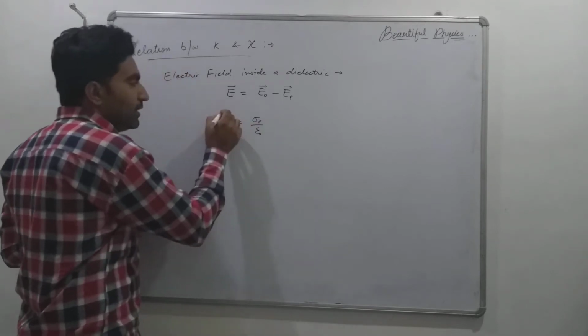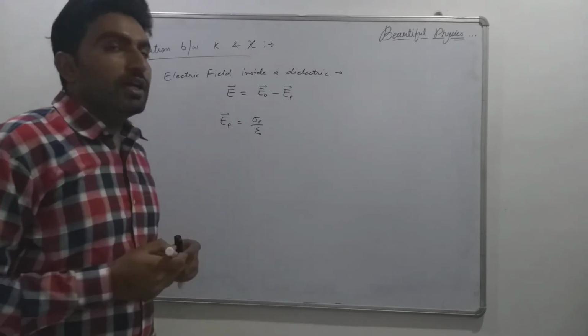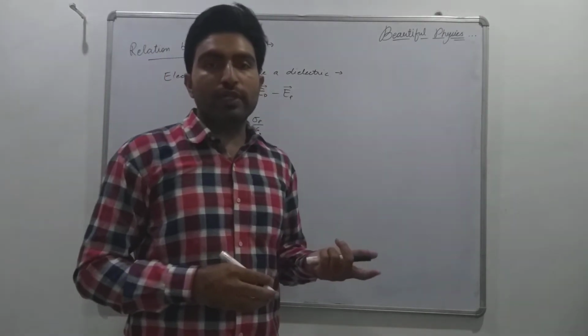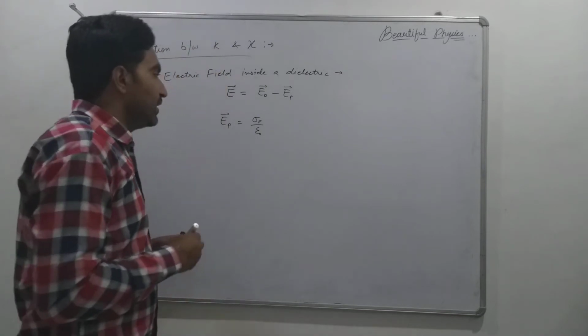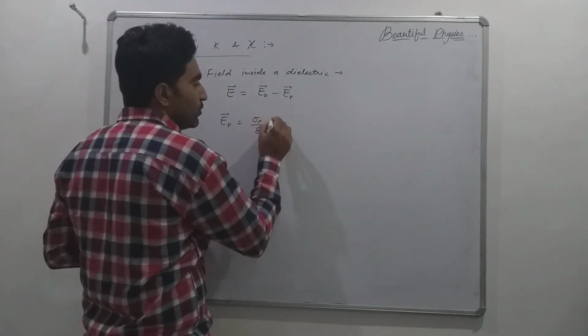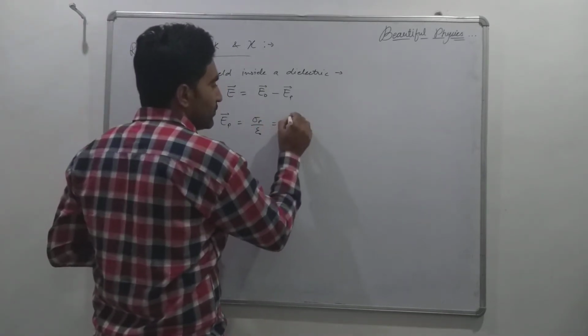Here, sigma P is the surface charge density due to polarization in the dielectric.